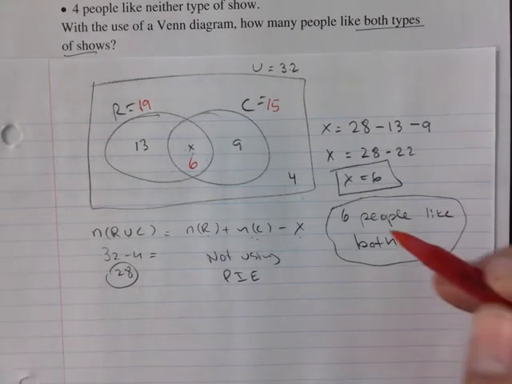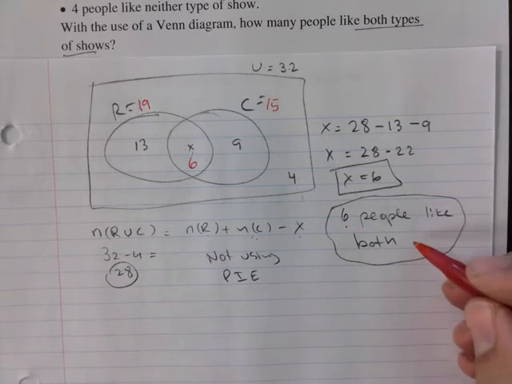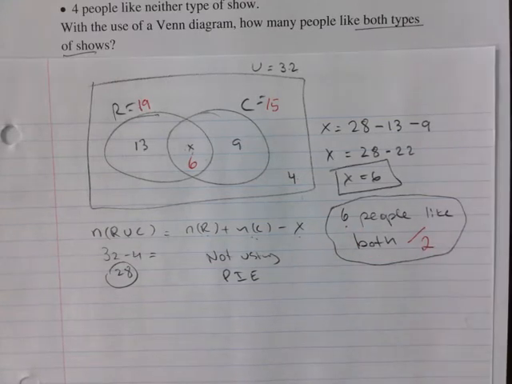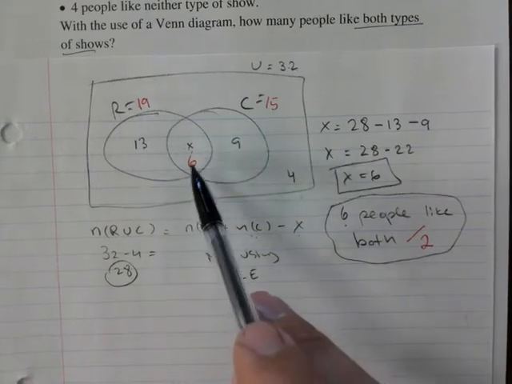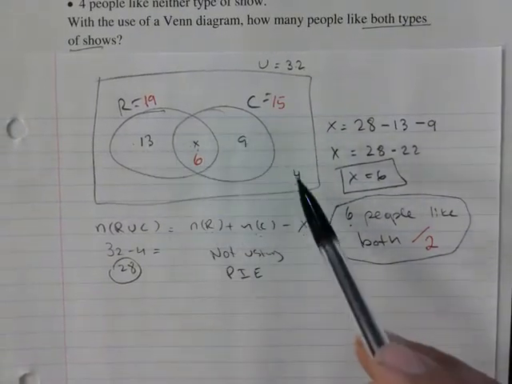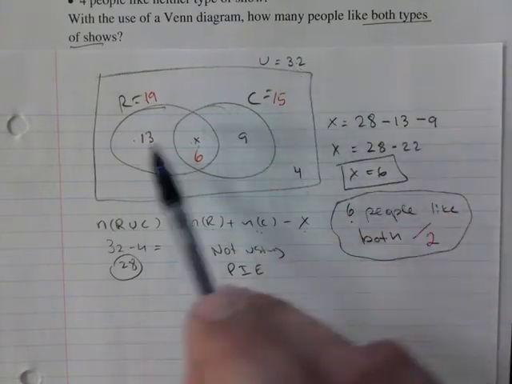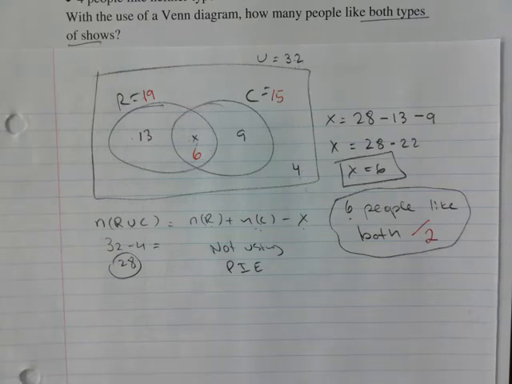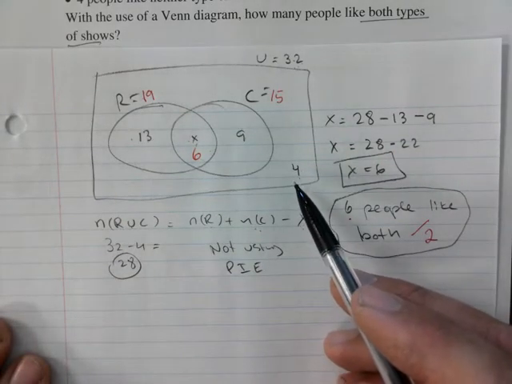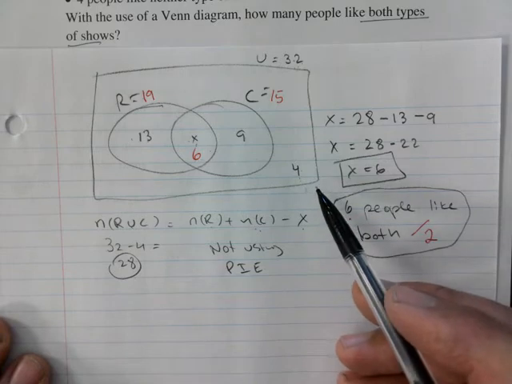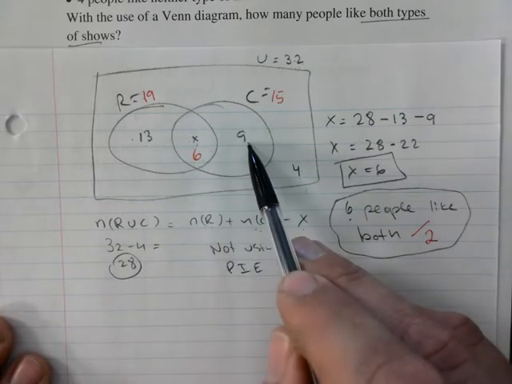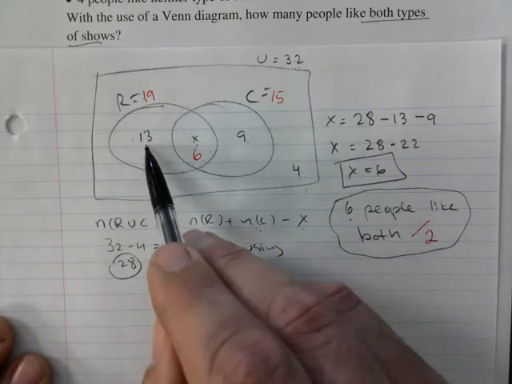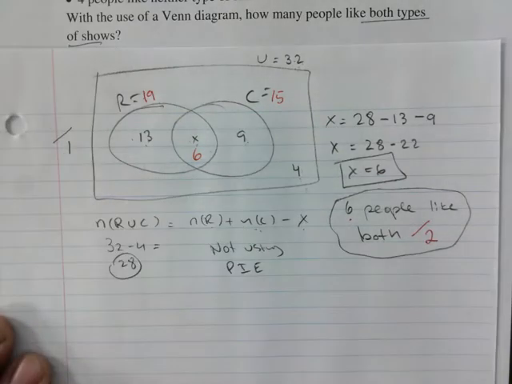If you got the 6 here, I would give you 2 marks for that, if you were able to somehow get the 6 in the center. And you should be able to double check that if you add up all these sections, including your outliers, you're back to 32. So this is 19 plus 9 is 28, plus 4 is 32, so that checks out. If you drew your Venn diagram and it has the 13 and the 9 where they belong, you get 1 mark.